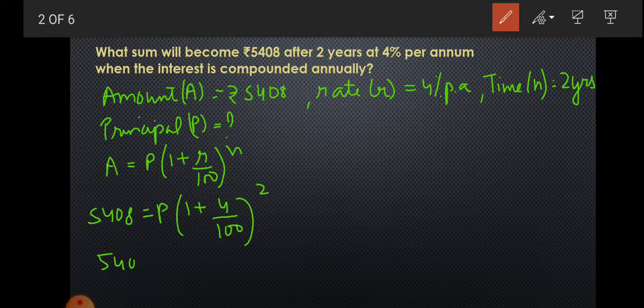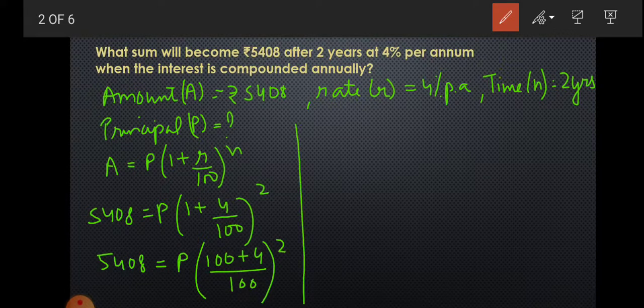Write 5408 as it is, equals principal. Take LCM: 100 plus 4 divided by 100 raised to the power 2. Write principal as it is, 100 plus 4 is 104 divided by 100 raised to the power 2.